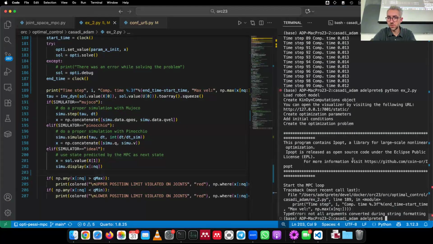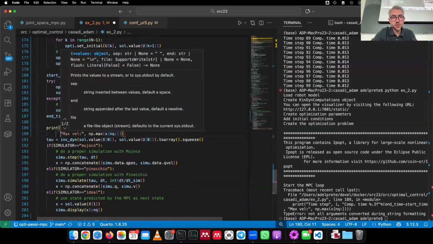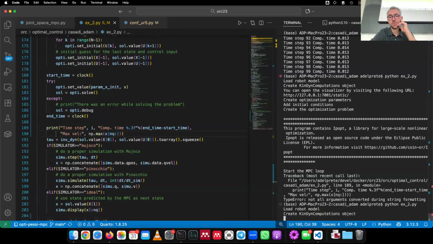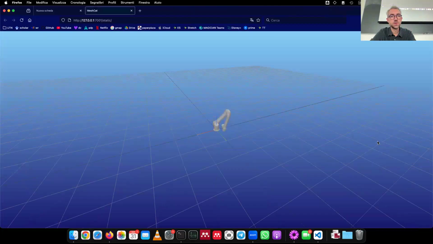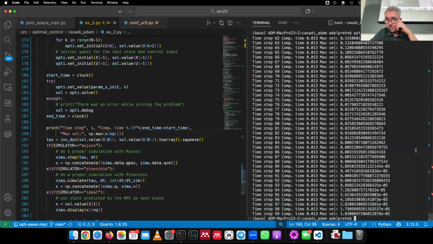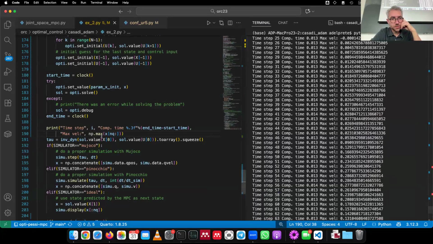What did I do? I forgot parentheses here. So the maximum velocity is a bit hard to read this way.